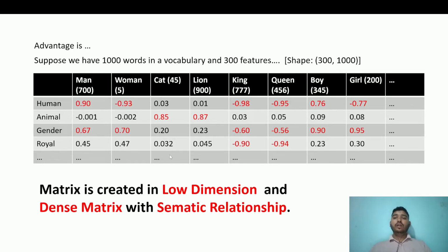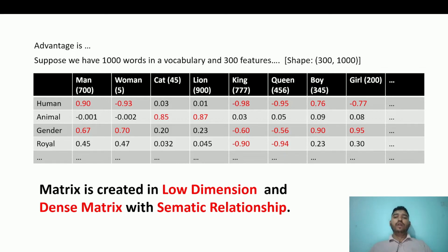And if you have noticed, the word man has a value of suppose 0.19 and the word woman has a value of 0.93, which is highly connected, or we can say most similar. Here you can see king and queen values are also highly similar. So word embedding is also helpful to find the similarities between two words, right?